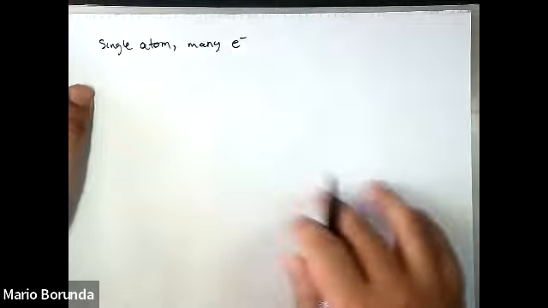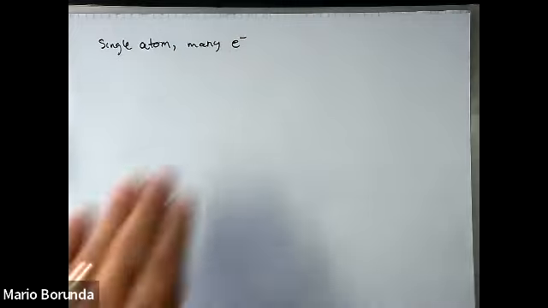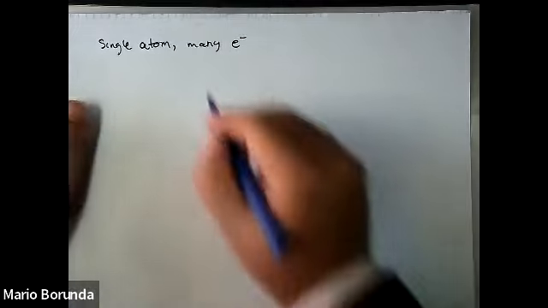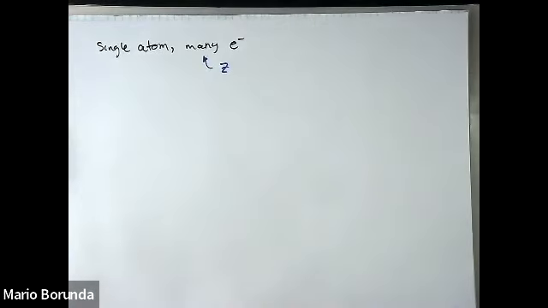We have one atom, and unless it's hydrogen, it has more than one electron. So if we have a single atom with several electrons, it's going to have C electrons. The electrons are in the orbital shells.